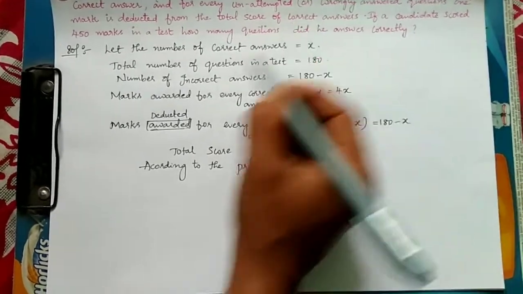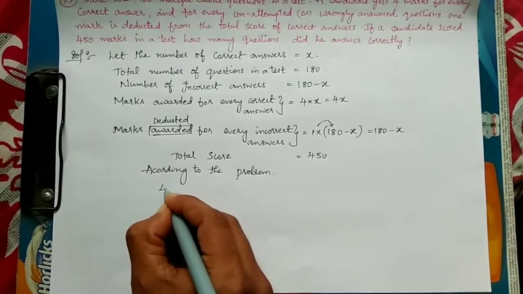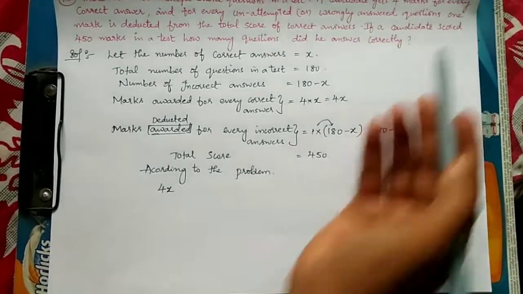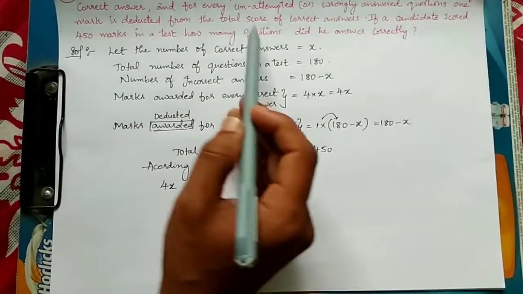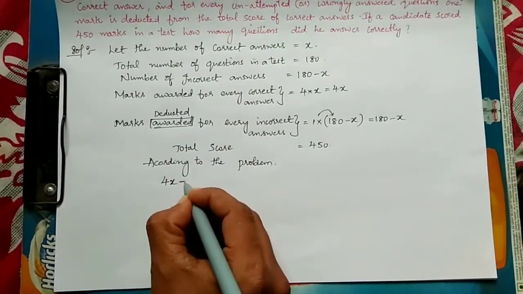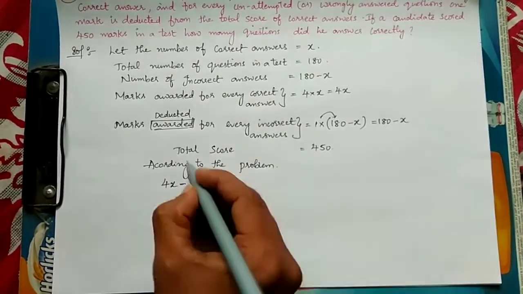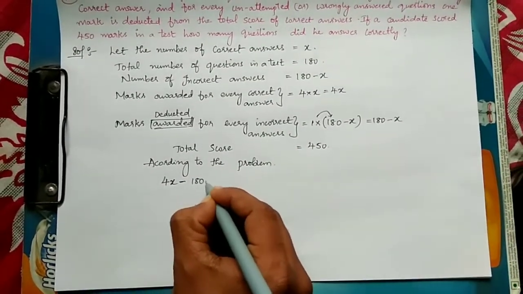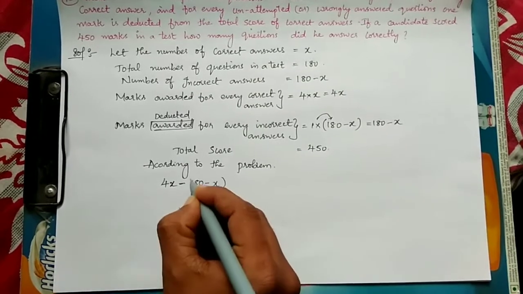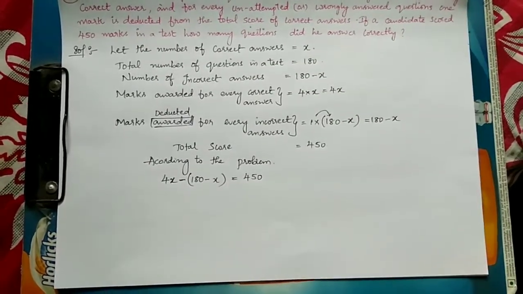What is the score of correct answers? Score of correct answers is 4x. Deduction is nothing but a subtraction. So deducted marks for incorrect answers are 180 minus x, and 4x minus (180 minus x) is equal to the total score 450.